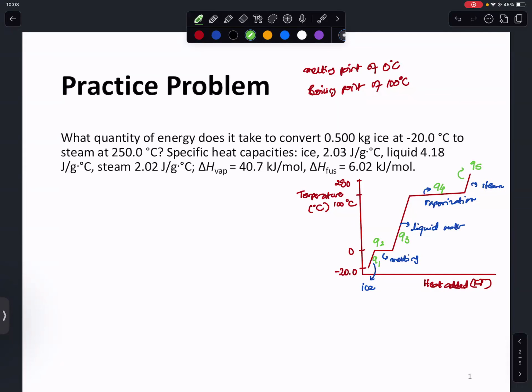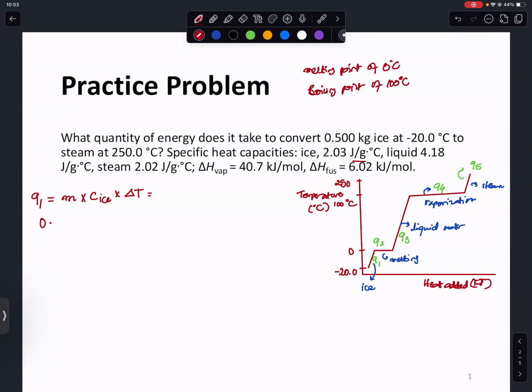Okay, so let's start with Q1. For Q1 right here, I can say that when heat is added to the substance, it depends on the mass times the specific heat, and the specific heat here of ice, times the change in temperature. So I can say that it is 0.500 kilograms. Now note that the specific heat is given in joules per gram degree Celsius.